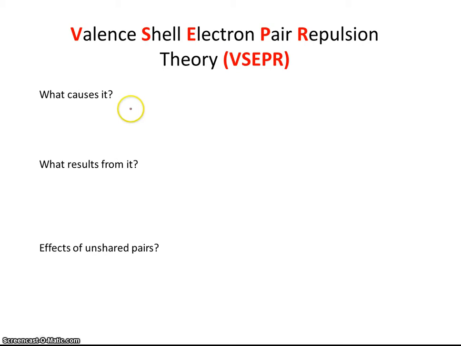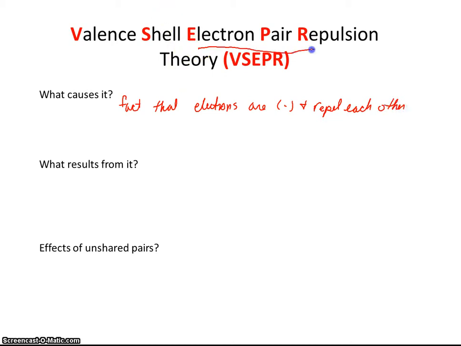So how does this relate to molecular shape? Well, VSEPR, or valence shell electron pair repulsion, is going to help us understand this. What causes it is the fact that electrons are negative and repel each other. Duh, that's in the name here, right? Electron pair repulsion.